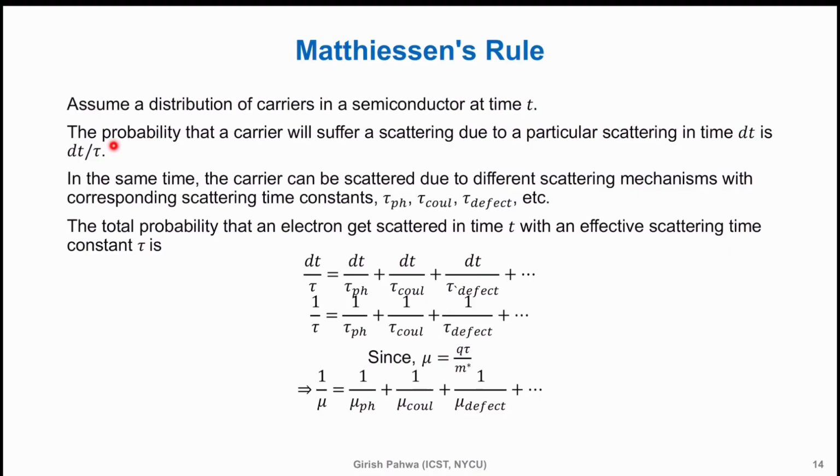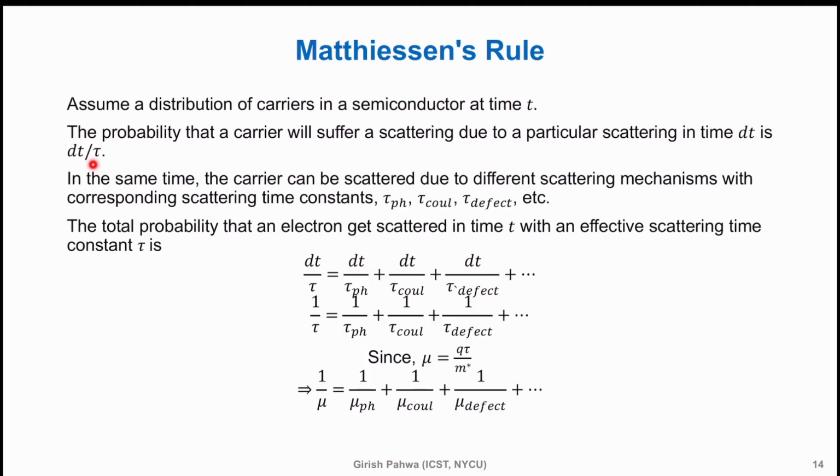Say you have a carrier, and you know the mean scattering time because of any scattering event, be it phonon scattering or Coulombic scattering or whatever. Say the mean scattering time is tau. Now what is the probability that an electron will suffer a scattering event in time dt? That will obviously be dt divided by tau.